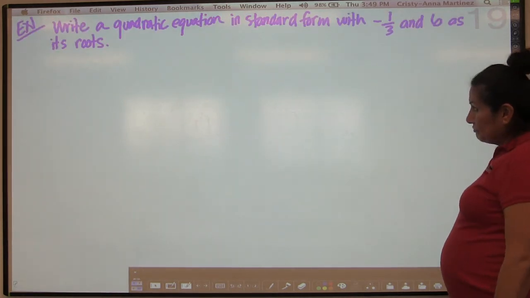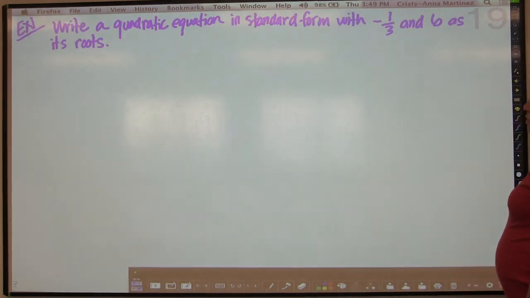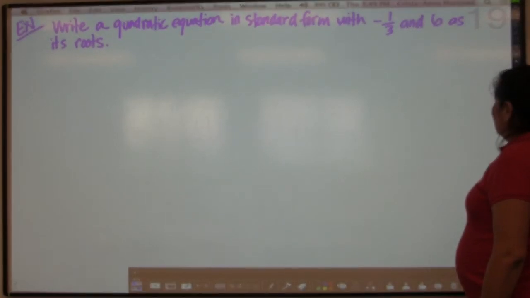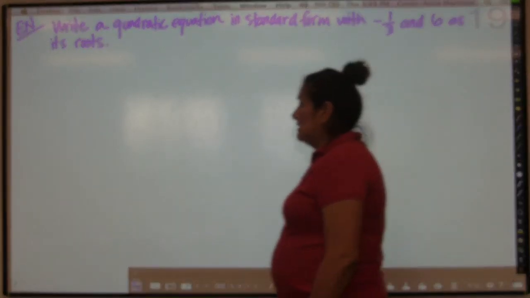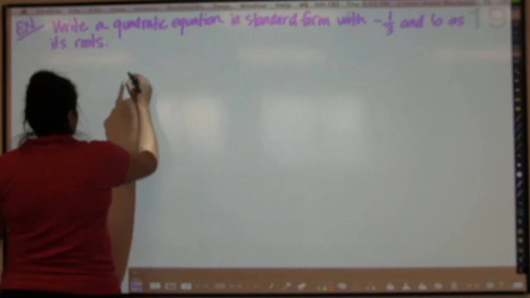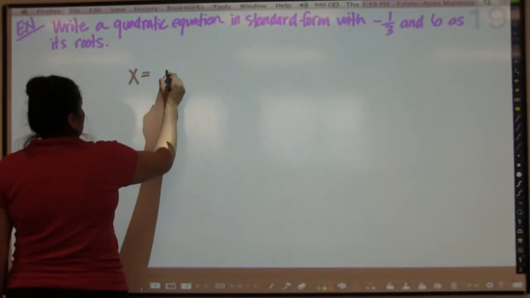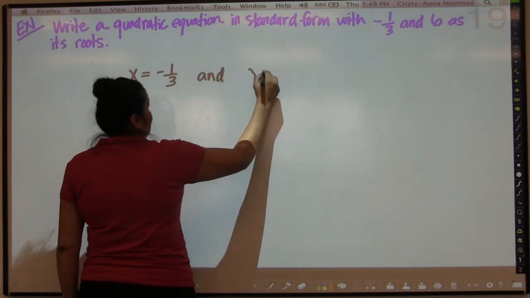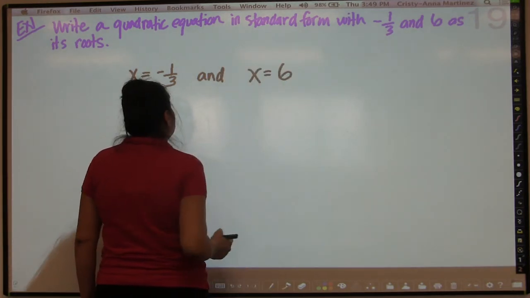So, example 1 says, write a quadratic equation in standard form with negative 1/3 and 6 as its roots. When it says that negative 1/3 and 6 are the roots, what it's really saying is that the solutions are x equals negative 1/3 and x equals 6.